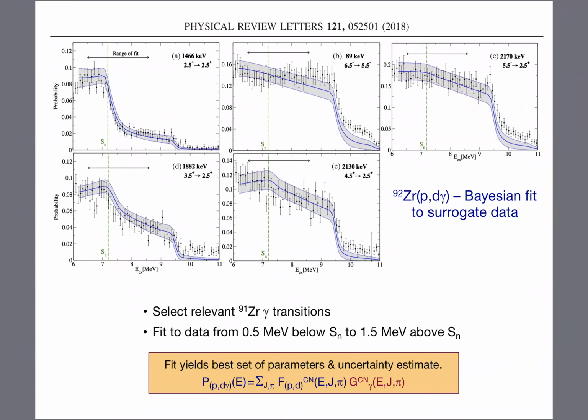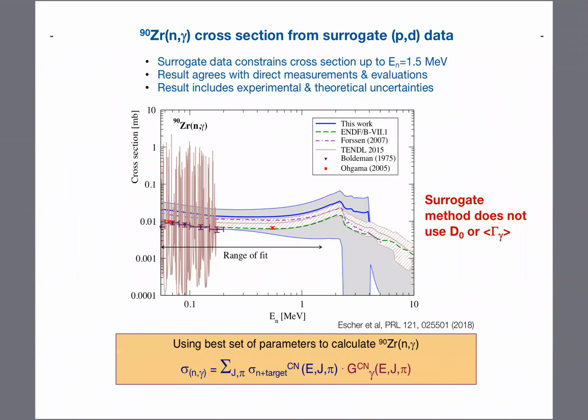The thick blue line gives the average, and the gray band gives the uncertainty that is associated with it. So this fit now has constrained the parameters in the decay model. And I can use that decay model now to calculate the zirconium-90 (n,gamma) cross section. What I get is the thick blue line here and the gray uncertainty band.